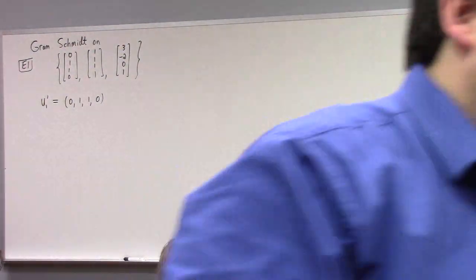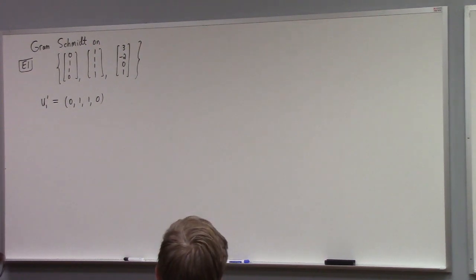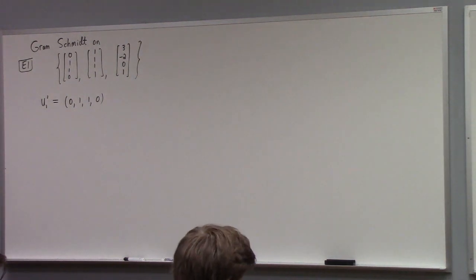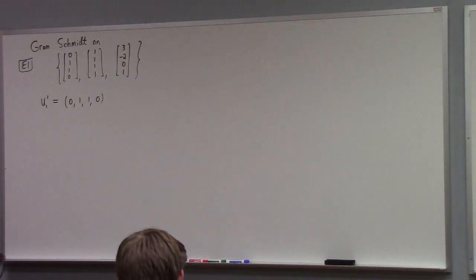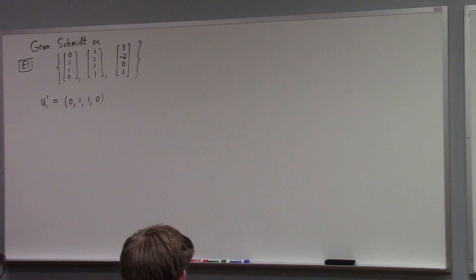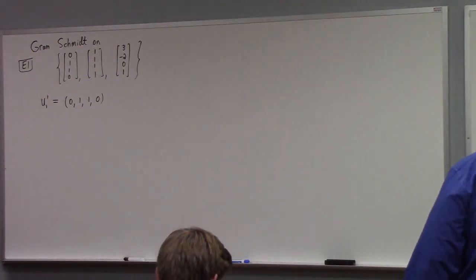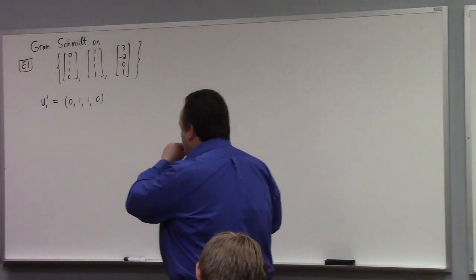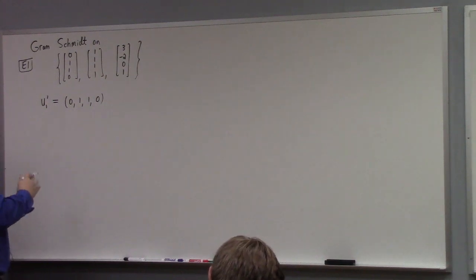But I think maybe this is an important thing to do: if you've got a really sparse vector, with a lot of zeros, put it first. You don't have to leave the order of the vectors the same. You can change the order of your initial set of vectors and go from there. That might save you a lot of calculation. If you've got a vector with a lot to it, maybe it makes more sense to shift it to the end. Anyway, there's u1 prime. That's it.